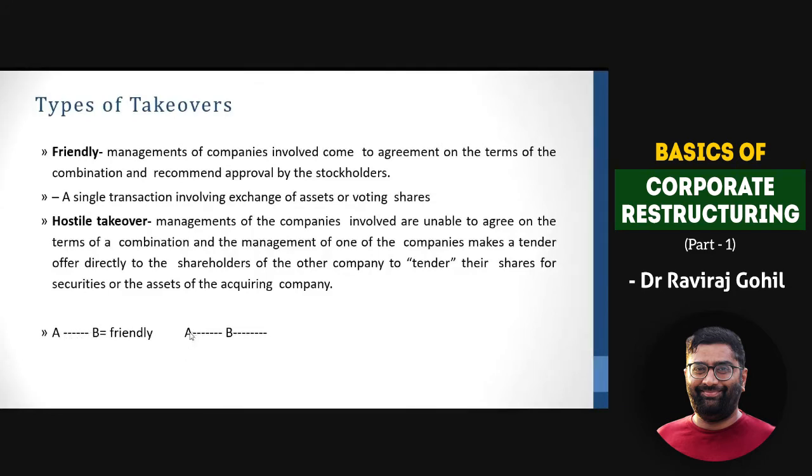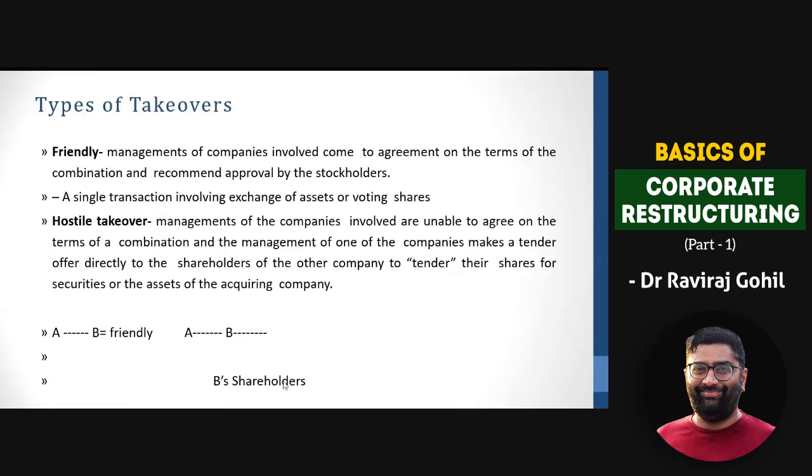In case of hostile takeover, there is disagreement, but still an acquirer wants to acquire the other company, so he will approach directly to the shareholders of company B. So instead of approaching the company, they approach the shareholders directly in the open market and they request to tender their shares to company A. So in this case, company A is actually forcefully trying to acquire company B by buying out the shares from the open market. So company B does not want to get taken over, but company A is trying to do it by open market.